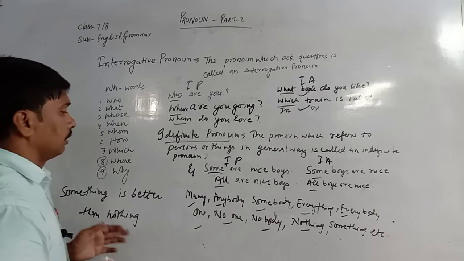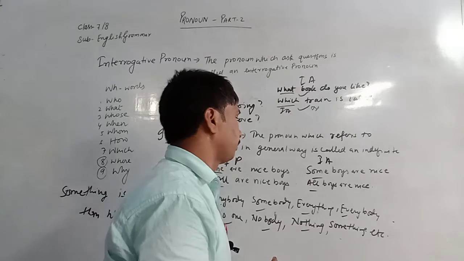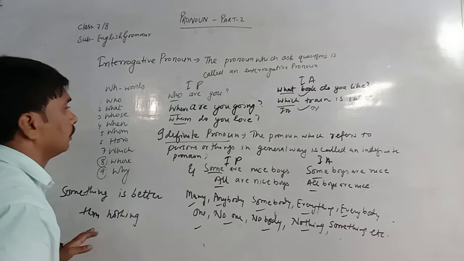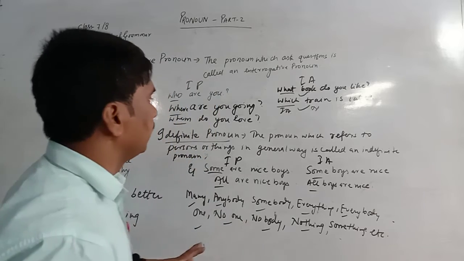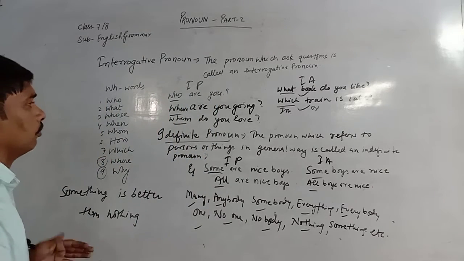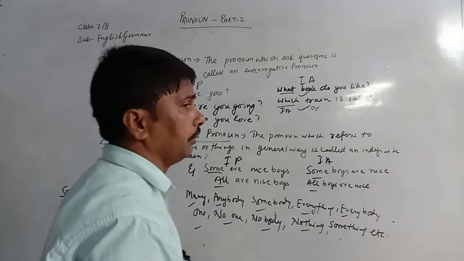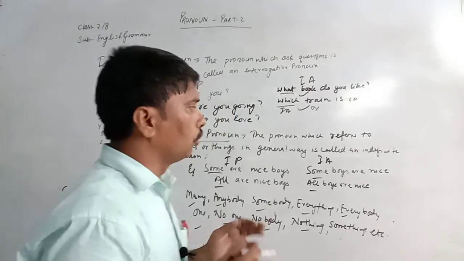Something better than nothing. So you can use it in this manner. I hope you are understanding it. The more you read, the better you feel, the better you understand. So you should go through this.